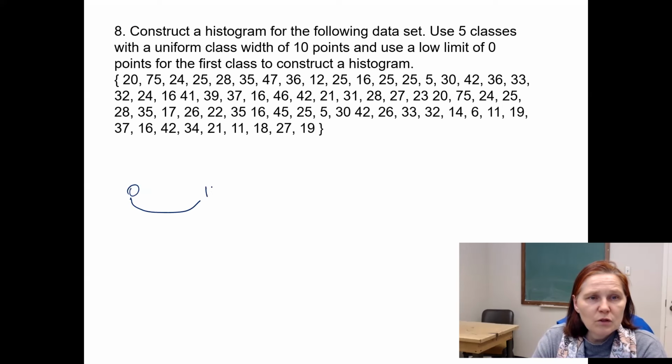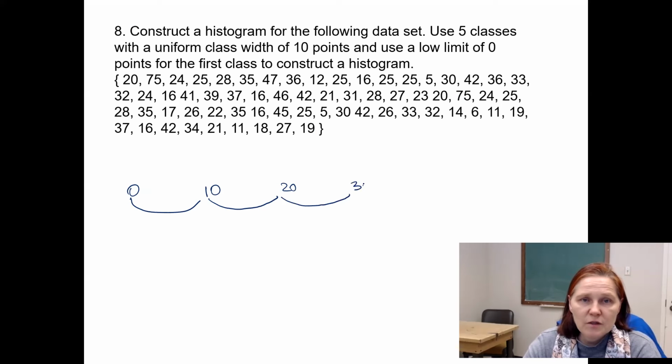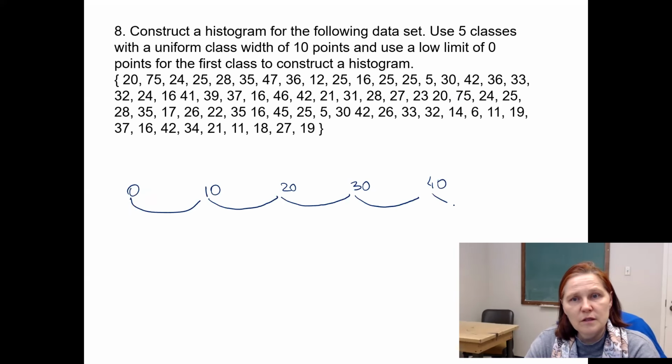The 10 will be included in the next class, so we must decide what we'll do with the boundary values. We will include the boundary value in the next class. Then 30, 40, and so 50.